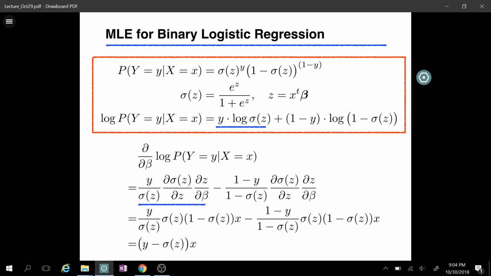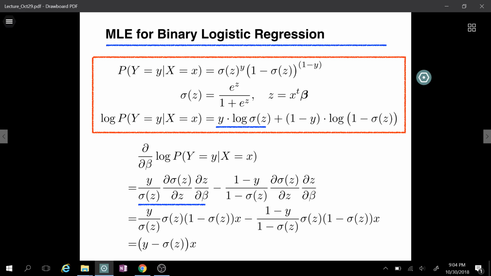Now we're going to take the derivative of the log of the probability. So we're going to take the derivative with respect to those two terms separately. Let's first look at the term with a blue line. Let's first take the derivative with respect to sigma z. That will be y divided by sigma z.